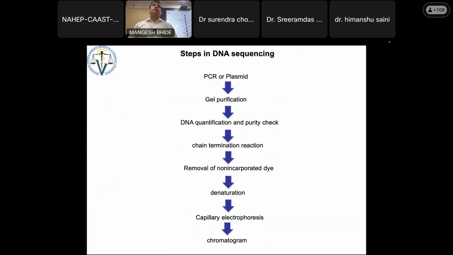So the sequencing experiment contains these steps. You can take a photo, and I am also going to give you a presentation. We will see, one by one, where you can encounter different problems.